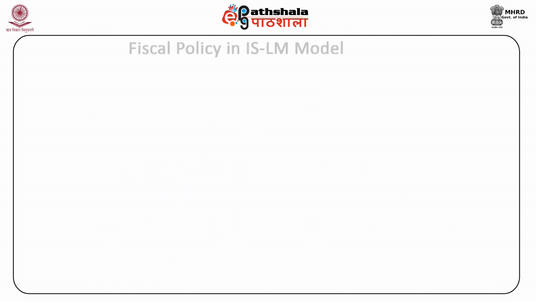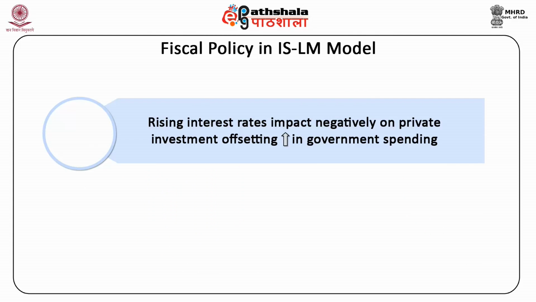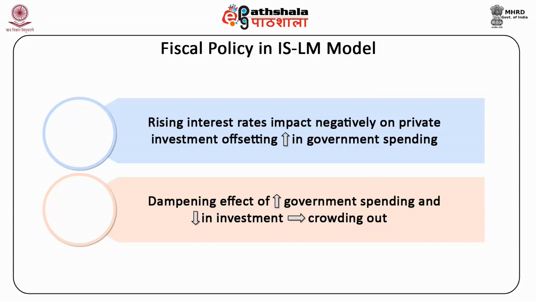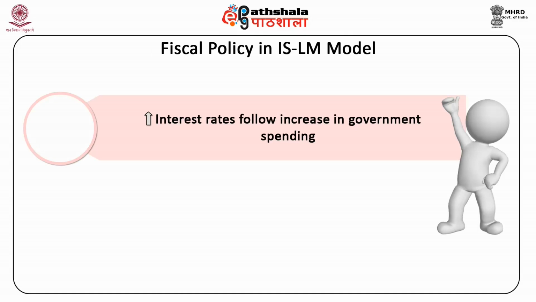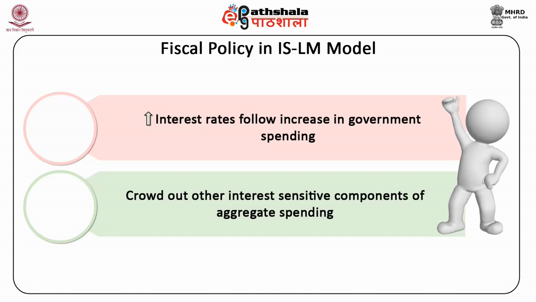So the rising interest rates impact negatively on private investment, which offsets some of the increase in government spending. This dampening effect of increased government spending and a consequent fall in investment is referred to as crowding out. The rising interest rates that follow the increase in government spending crowd out other interest-sensitive components of aggregate spending, in this case, private investment.